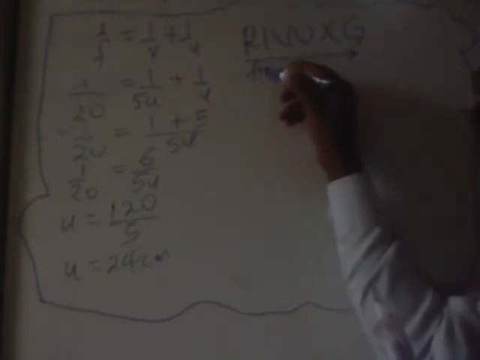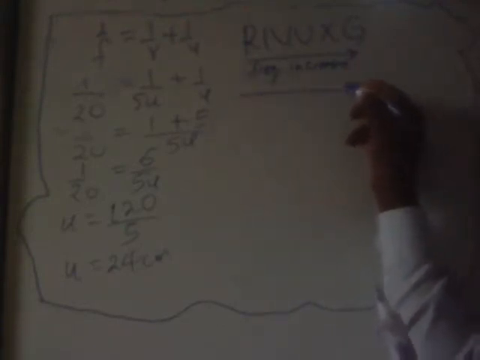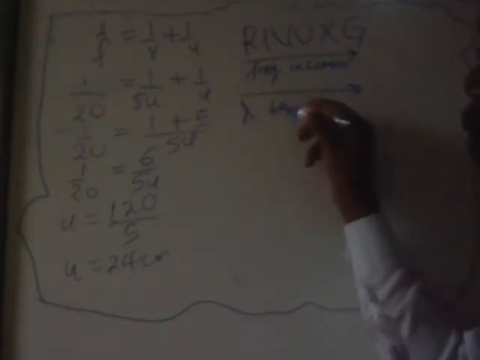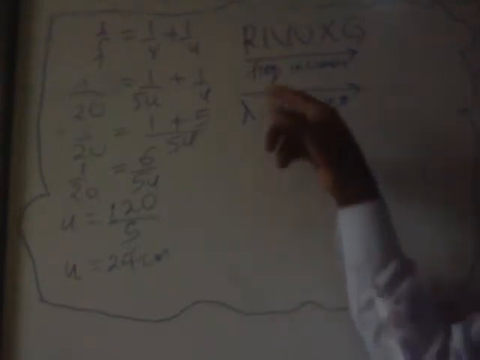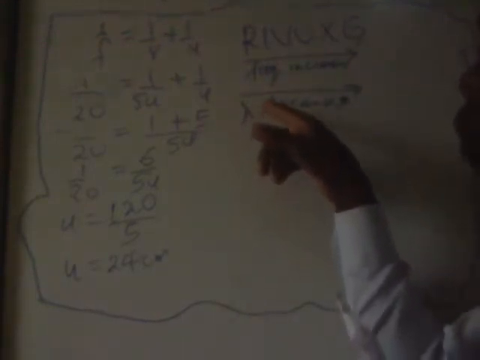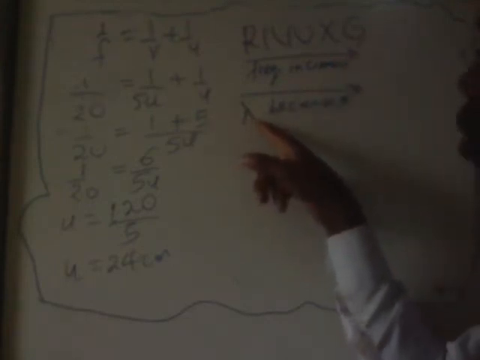From R to G, the frequency increases. And from R to G, the wavelength decreases. From radio wave to gamma ray, the frequency increases. Now, from R to G also, the wavelength decreases.